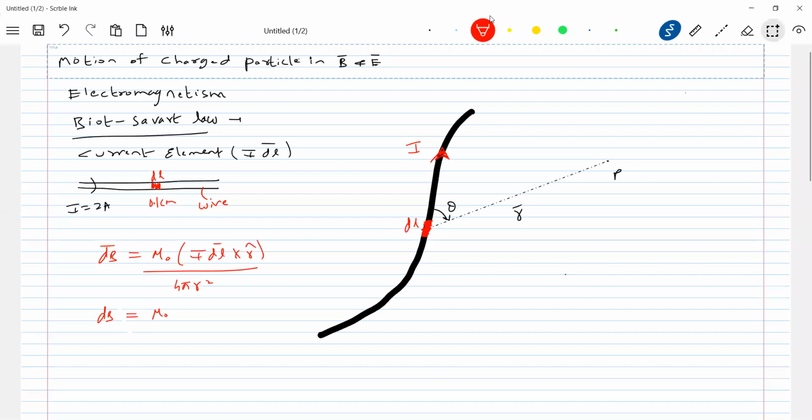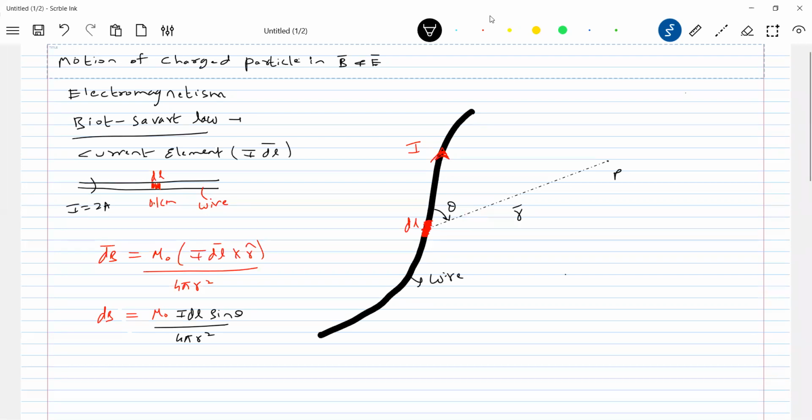So what is the direction of dl bar here? It will be like this. r cap is a unit vector directly along the position vector. Therefore, it should be equal to mu naught I dl sine theta by 4 pi r square. This is the expression for the magnetic field due to a current element, not due to a wire.